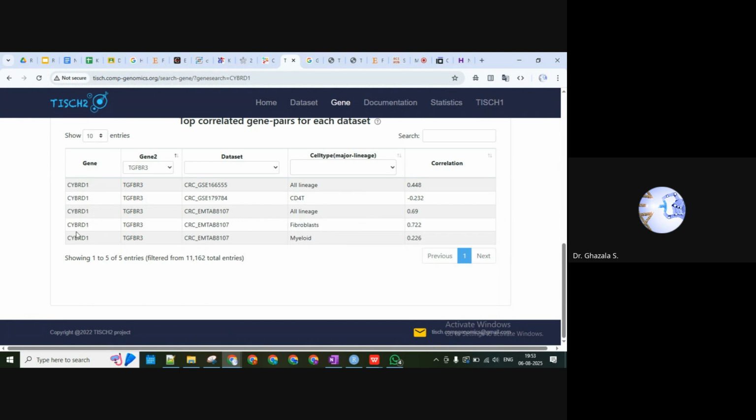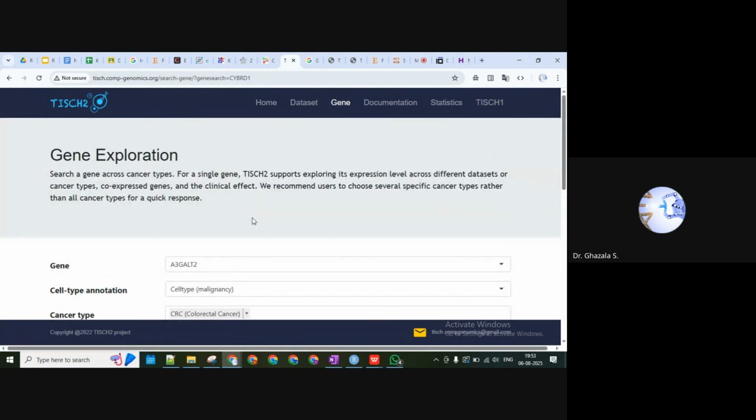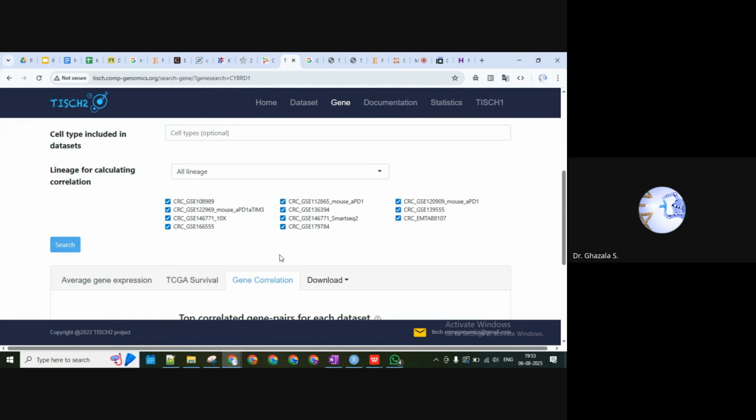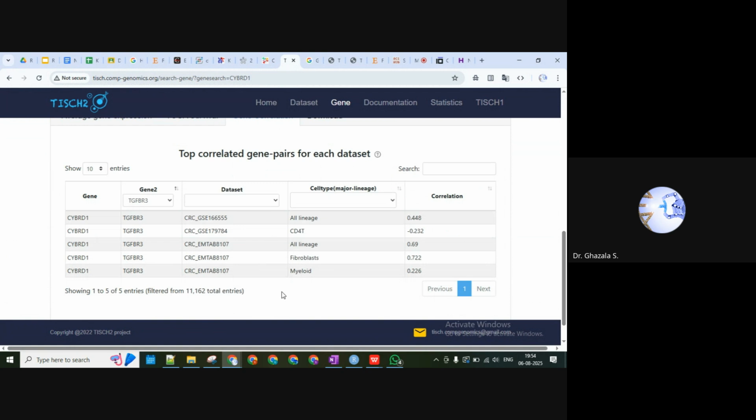Then we can mention in the results collectively those genes which are enriched in these types of cells and are actively involved in colorectal cancer. We can cite the tool as well, so that it mentions what types of tumor microenvironment cells we are having. So that task needs to be done.